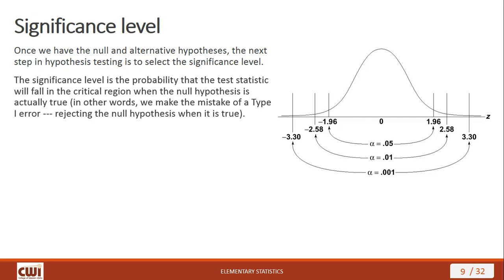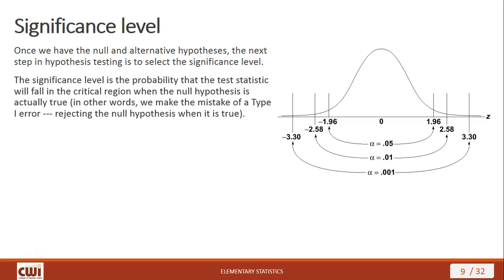We'll get more into type 1 and also type 2 errors later in this lecture. For right now, let's focus on the part of the definition for significance level that it falls into the critical region when the null hypothesis is actually true. We're assuming with the hypothesis test that the null hypothesis is true, but we don't want to reject the null hypothesis when it is actually true.